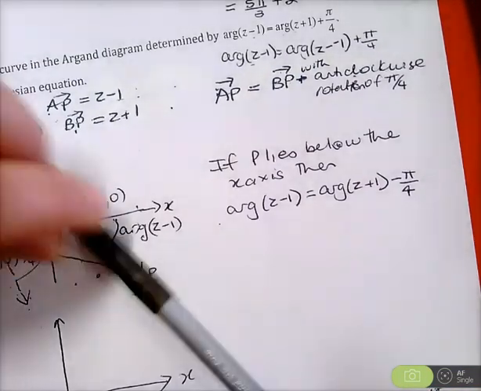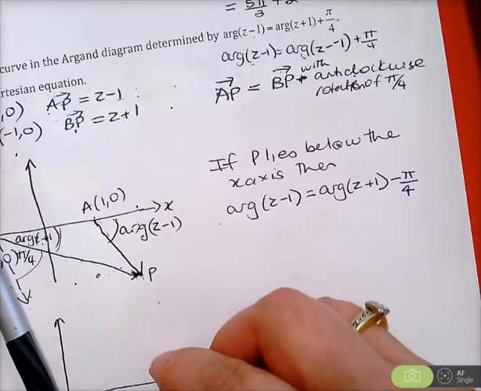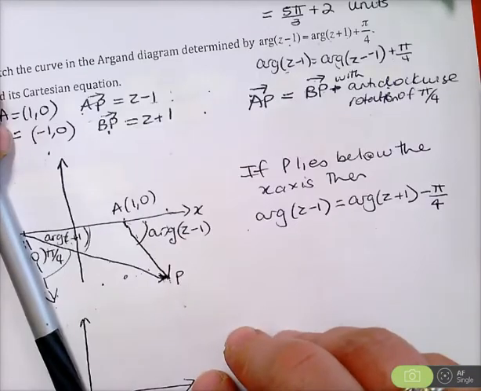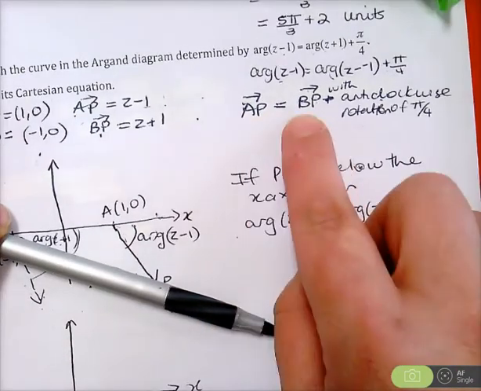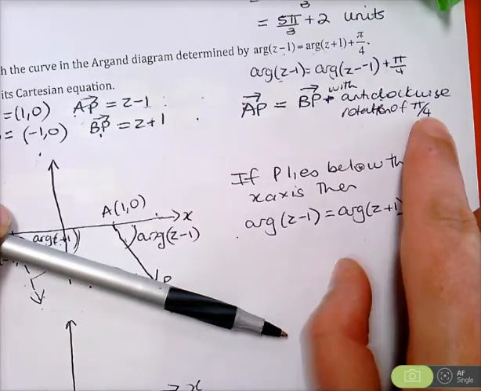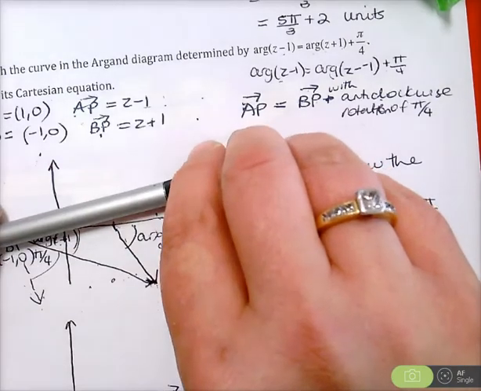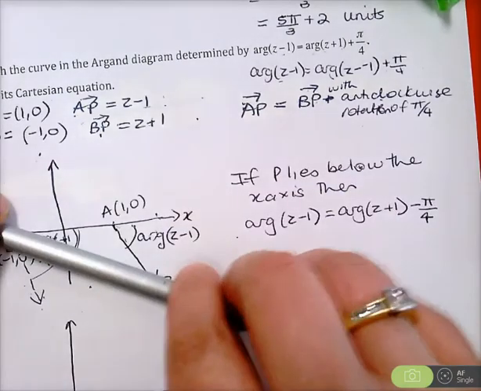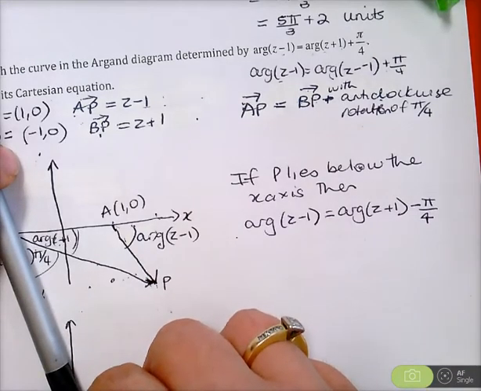See? All right, so I've drawn AP and BP, and I'm drawing this dotted vector here parallel to AP. I want AP to be BP with an anti-clockwise rotation of pi on 4. So I'm supposed to be able to take BP, rotate it anti-clockwise pi on 4 and get AP, but I don't. I've got BP rotated pi on 4 clockwise to get AP.